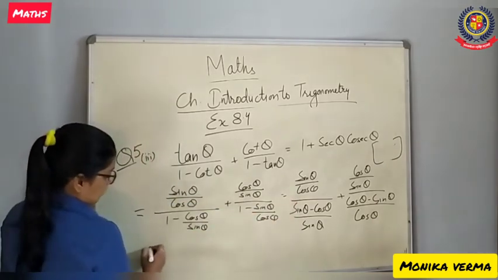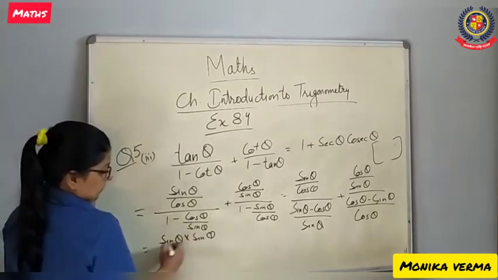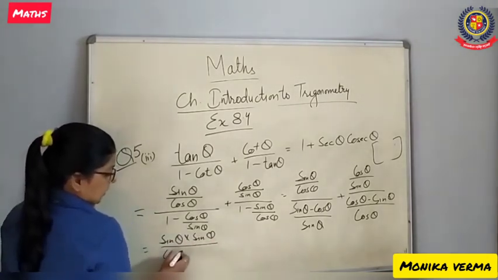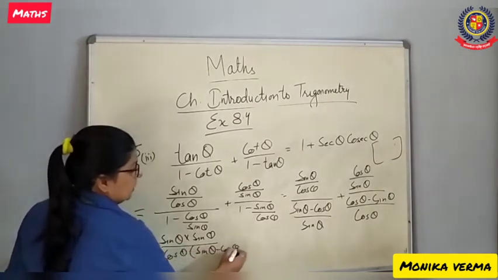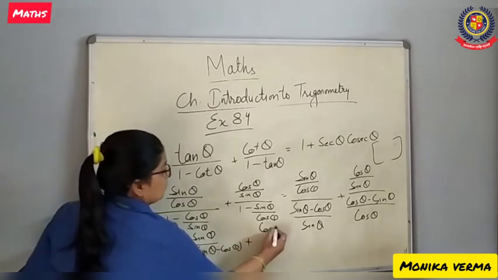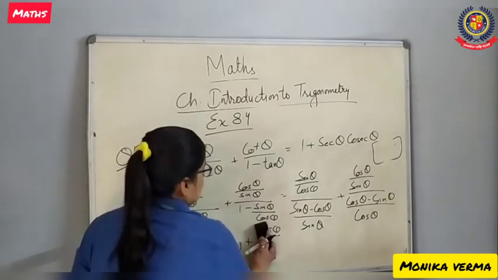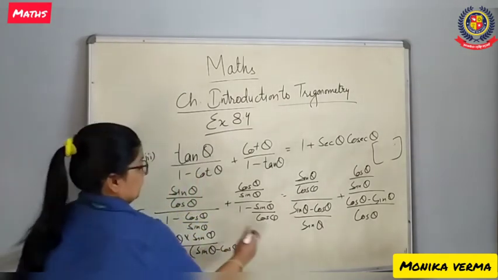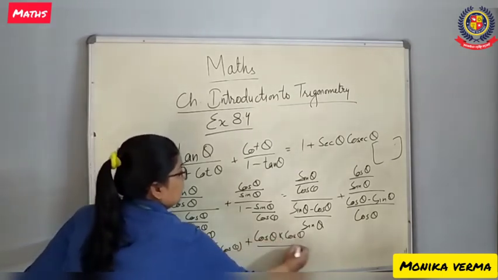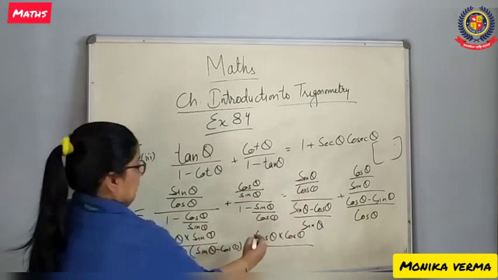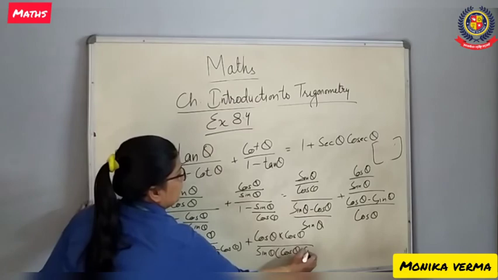So we will have sin theta into sin theta upon cos theta (sin theta minus cos theta), plus cos theta into cos theta upon sin theta (cos theta minus sin theta).